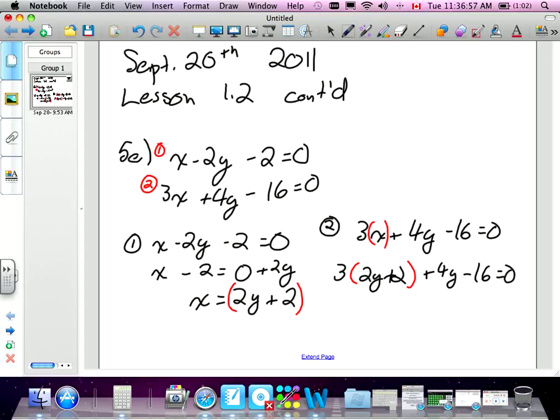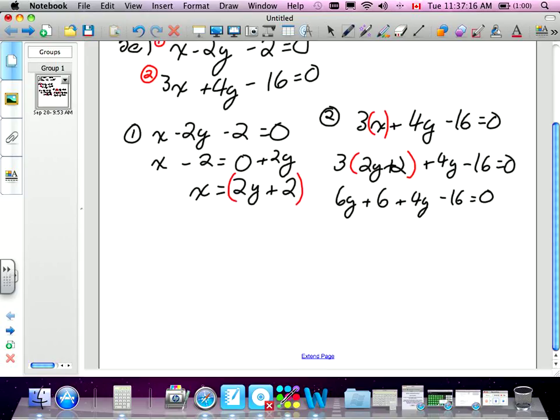I'm going to have to distribute the 3 inside the brackets. So 3 times 2y will give me 6y, and 3 times 2 will give me 6. I bring down the rest of the equation, plus 4y minus 16 is equal to 0. Okay? I'm going to combine like terms. And in fact, what I'm going to do is move all the constant numbers, so numbers without variables, to the other side of the equation.